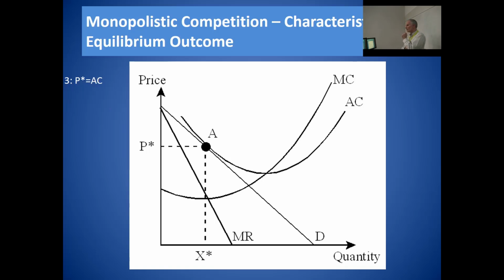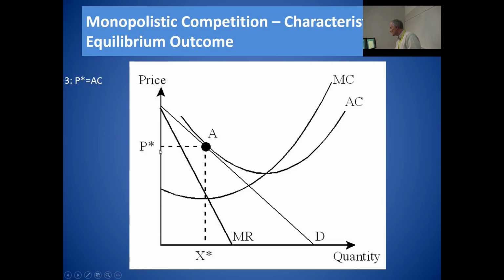The third one, though, we said that the entry of new firms into the market would have forced excess profits down to 0. So if excess profits are 0, what does that mean for the firm? It means the price it charges per unit must be equal to the average cost of producing each and every unit.